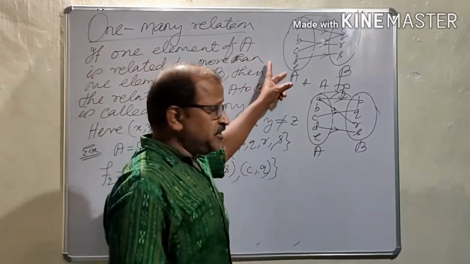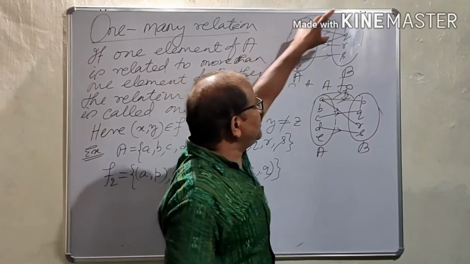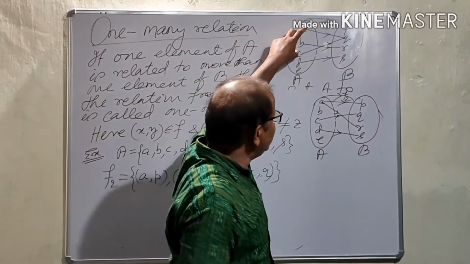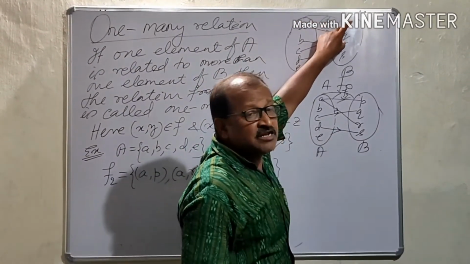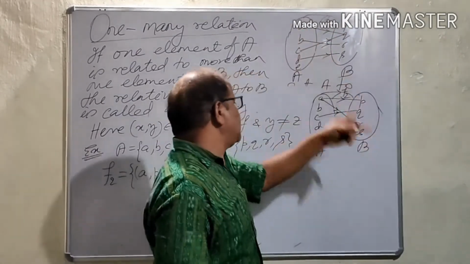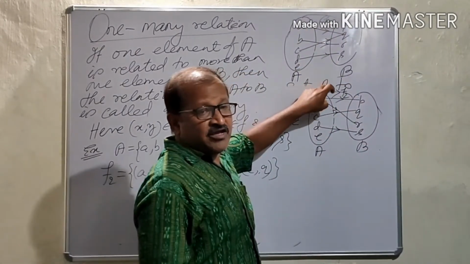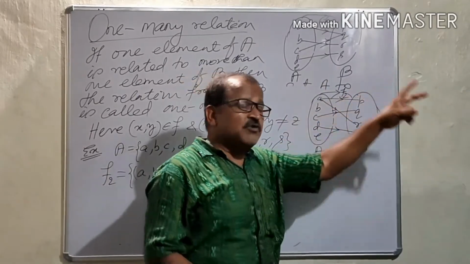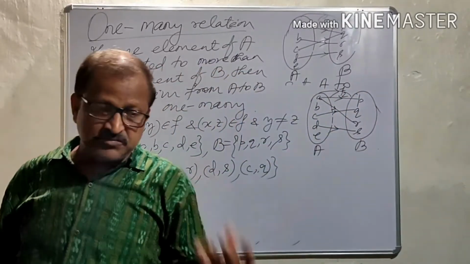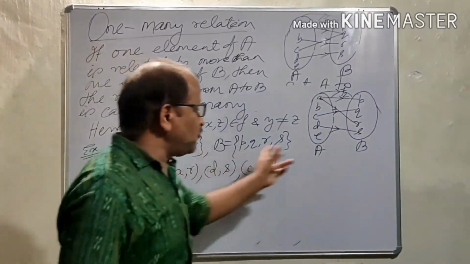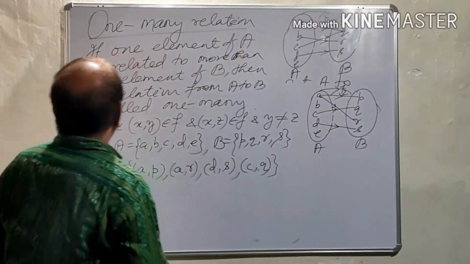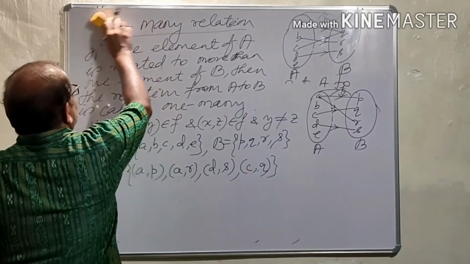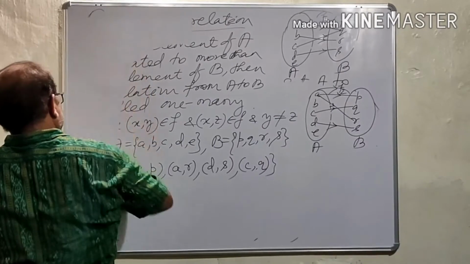If more than one element of A are related to a single element of B, it is many-one. If one element of A is related to more than one element of B, it is one-many.